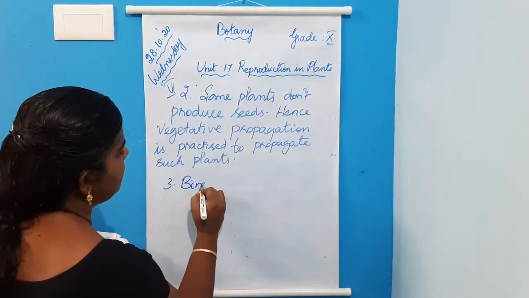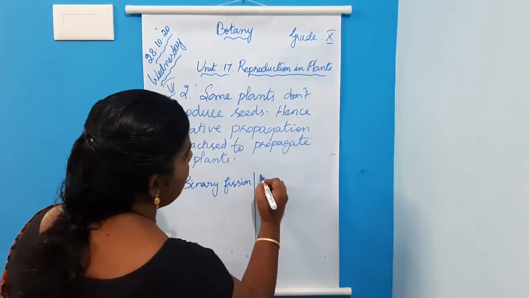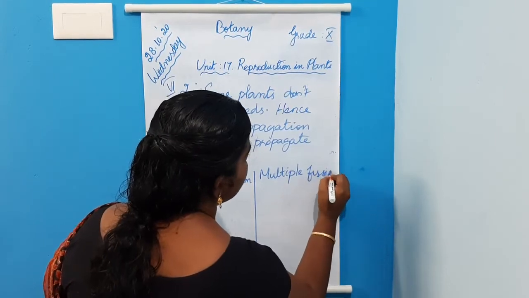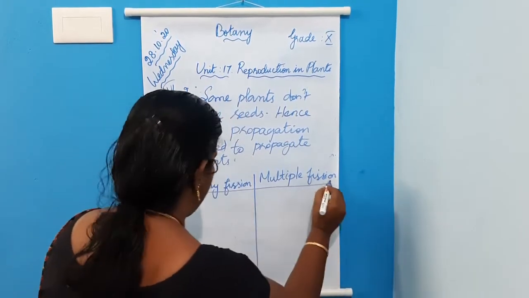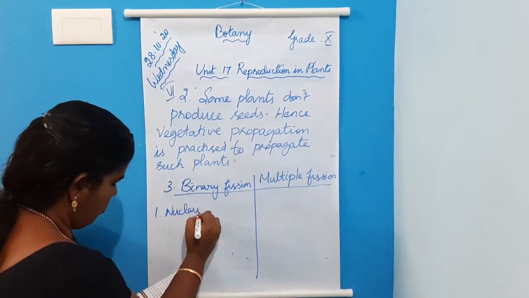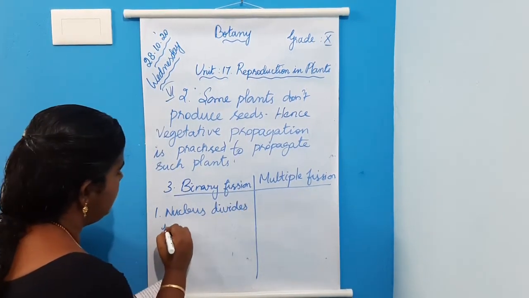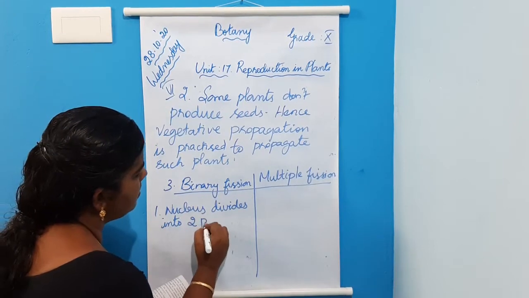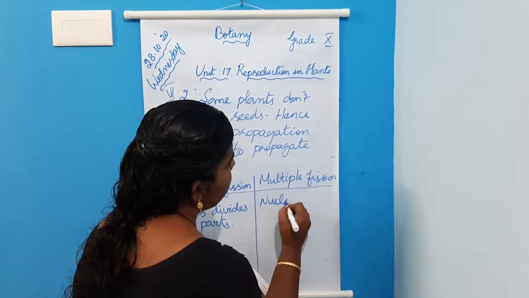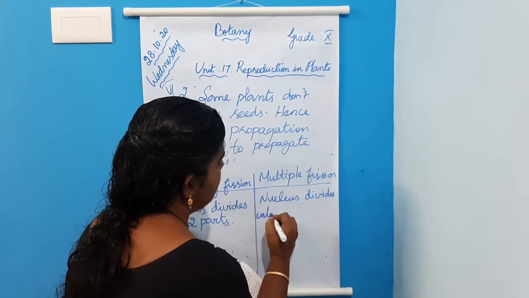Write like this: binary fission, and draw two columns, binary fission and multiple fission. First point, in binary fission the nucleus divides into two parts. Here, in multiple fission, the nucleus divides into many parts.